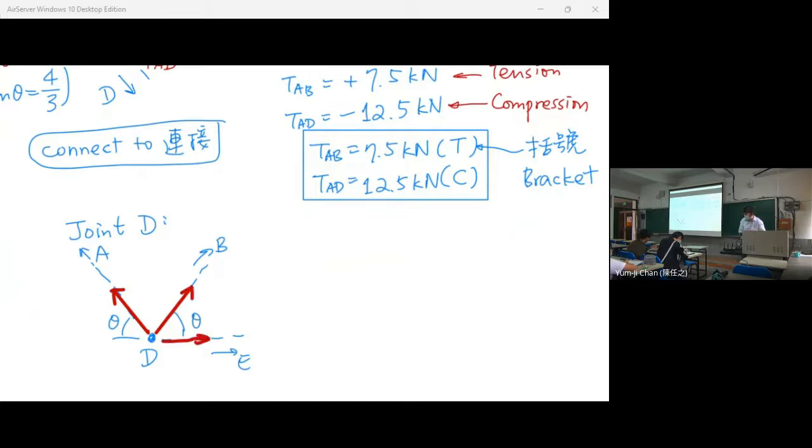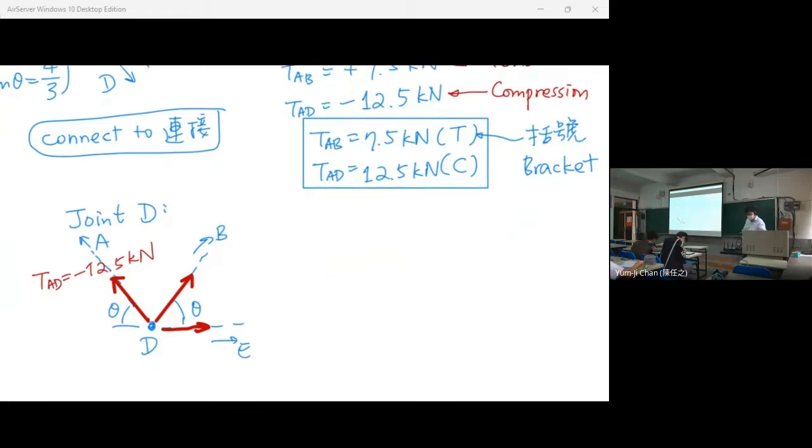Even if, for example, TAD is negative 12.5 kilonewton, the best way is to write TAD is equal to minus 12.5 kilonewton. So you can always do things in the correct way.